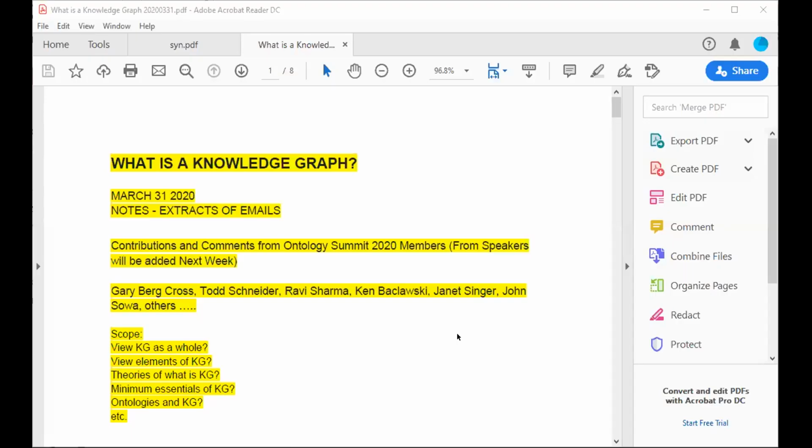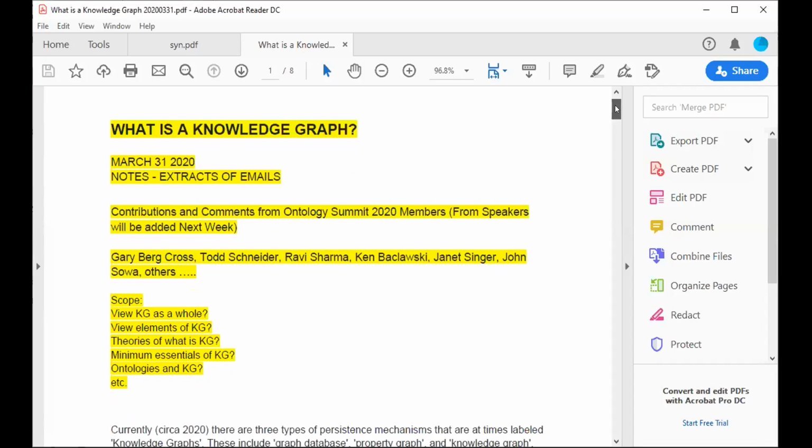Here we have been working together, especially Todd, myself, Gary, Ken, and starting with Janet and John's earlier comments about what is a knowledge graph. And Todd has given a lot of these inputs. Ken, you have described one of the slides: graph database, property graph, and knowledge graphs.